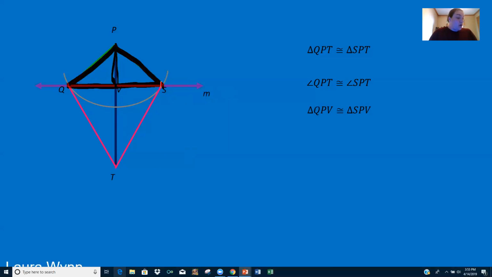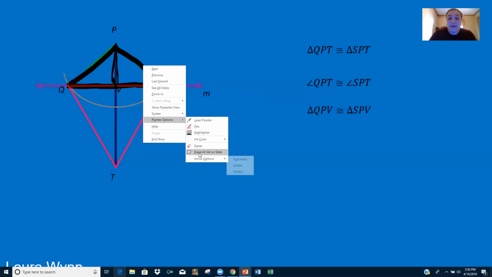Okay, so this statement is true again. PV, right here, this line that separates the two triangles, is congruent to itself. And these two sides are congruent to each other. So that's going to satisfy the SAS property, which is side, angle, side.